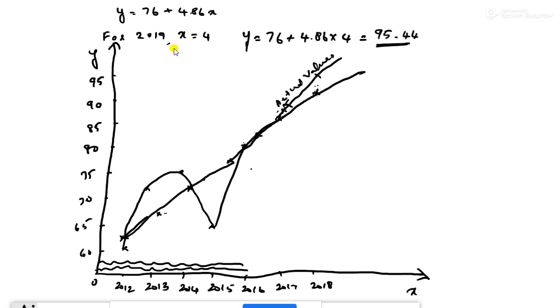So this will be the line for the trend values. In case of a linear relationship, when it is plotted on graph paper, you will get a straight line. So this is the line for trend values, and this will be the curve for the actual values.